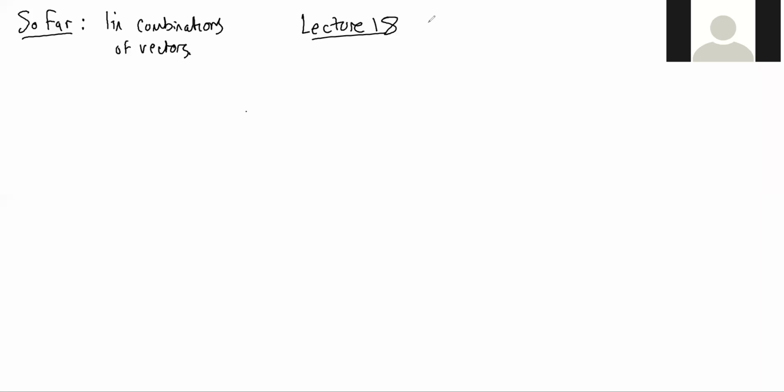And what we're going to do now, which is the topic of chapter 6, is add a couple of new concepts to linear algebra, which are going to be related to geometry. Specifically geometry of Rn for now. So we're going to go back to our good old favorite vector space Rn. And what do I mean by geometry?